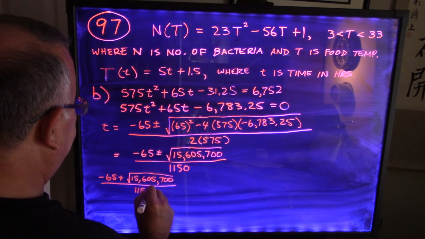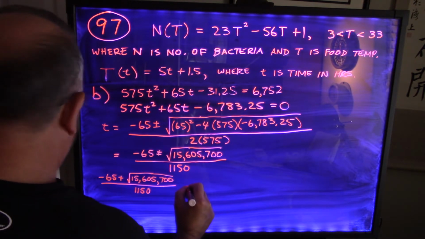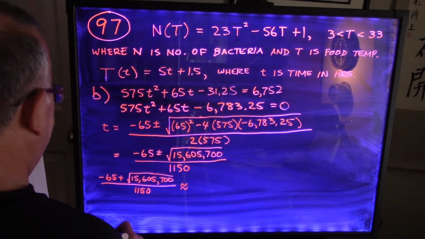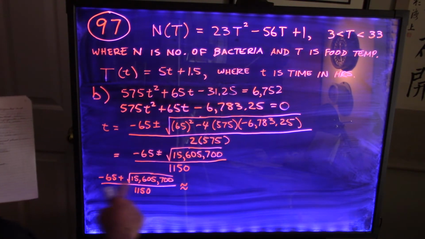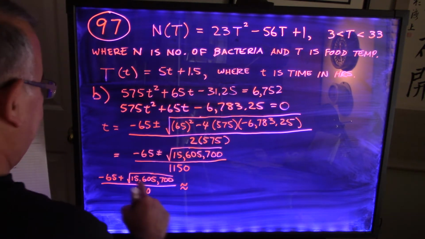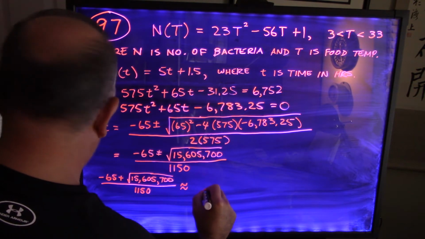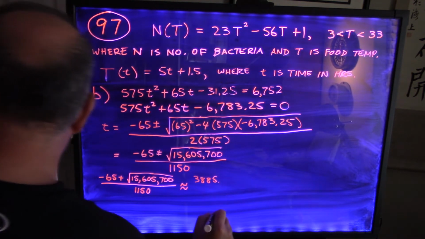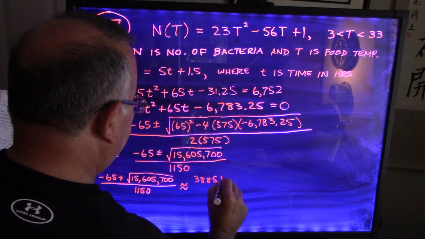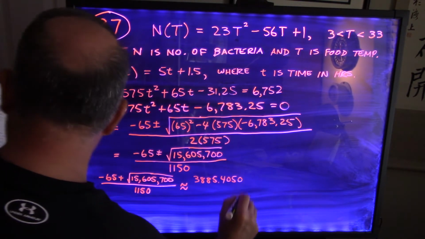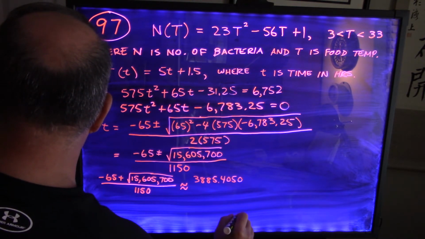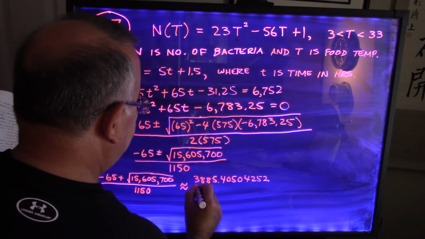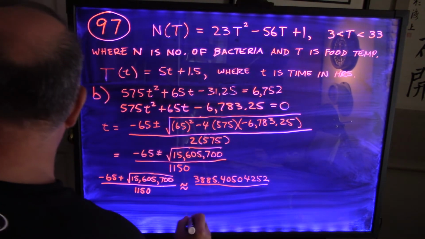That's the only one I'm going to consider, and that's approximately equal to, if you plug all that in a calculator, the numerator becomes about 3885.4050 4252, using my old trusty HP 28S, and that's over 1150.